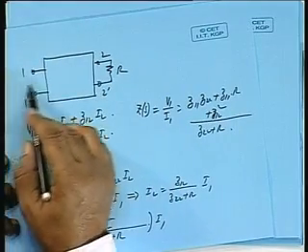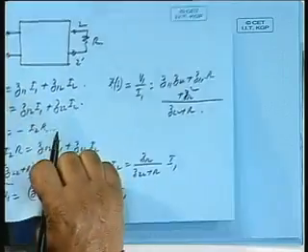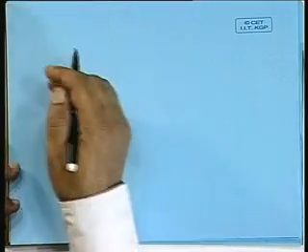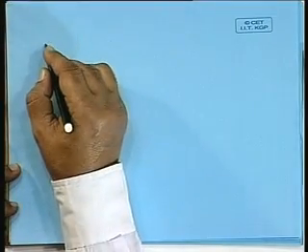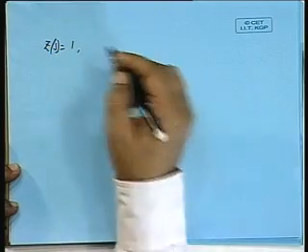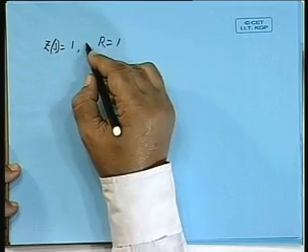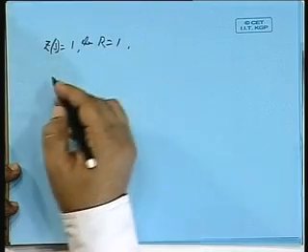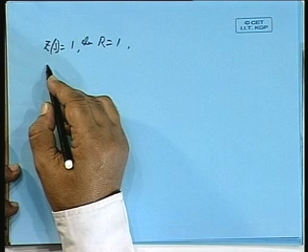If we make R equal to 1 ohm, if we find that in a normalized situation R is 1 ohm and the impedance seen from this side is also 1 ohm, then what happens? If V1 by I1 is also 1 ohm, so ZS is equal to 1 ohm, when R is 1, what do we get?